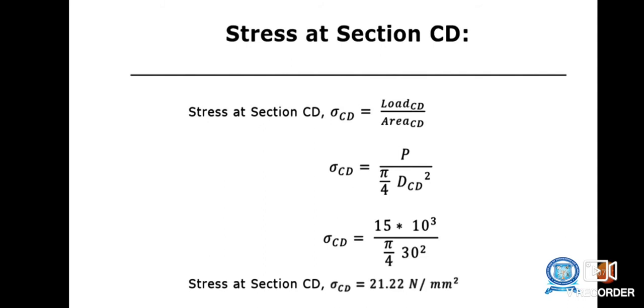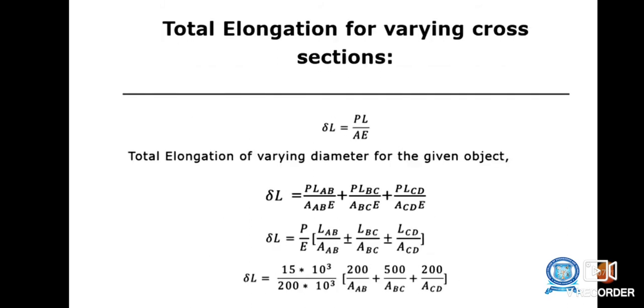So we found the three portion stresses, sigma on AB, sigma on BC and sigma on CD. Next we will find the total elongation for varying cross sections. The formula of elongation, del L, is equal to PL by AE.